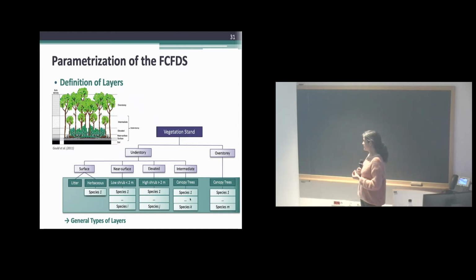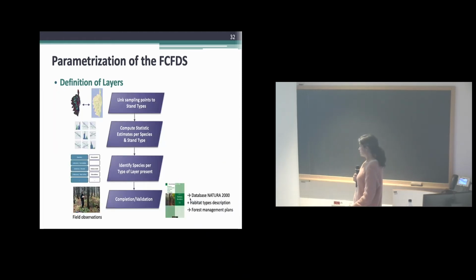So the layers themselves will be, for example, herbaceous species 1, for low shrub we will have species 1, species 2, and so on. To associate these layers, present or not, with each stand type, we followed several steps.